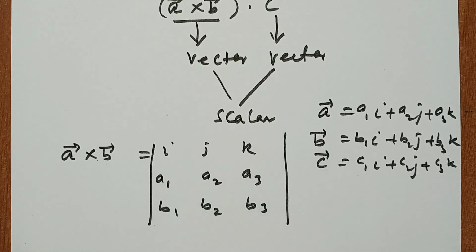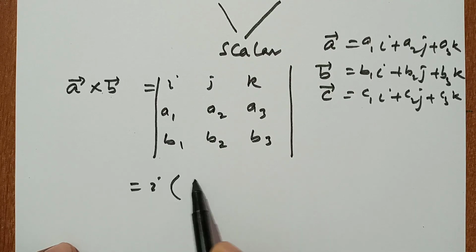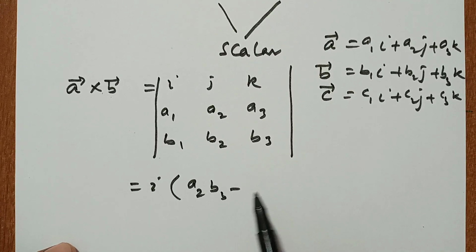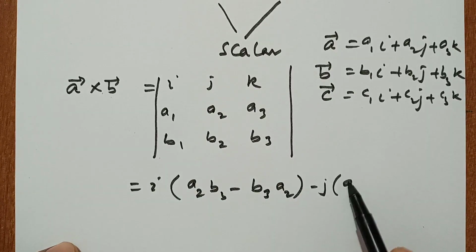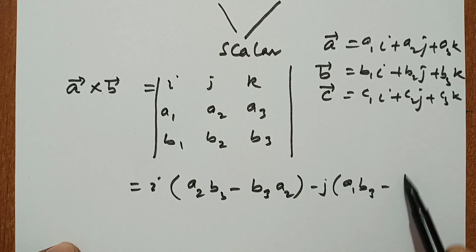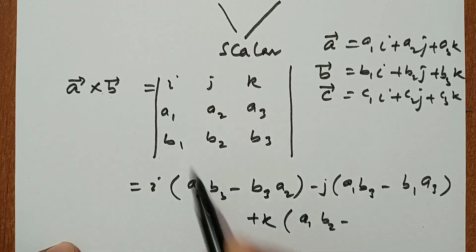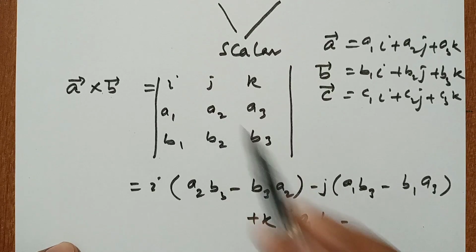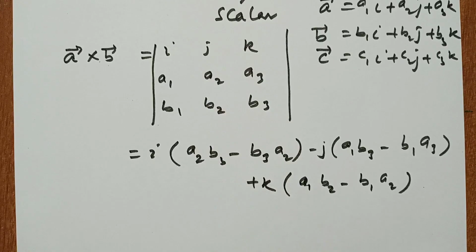So A cross B is equal to i(A2B3 minus B2A3) minus j(A1B3 minus B1A3) plus k(A1B2 minus B1A2). Okay, so this is a vector quantity.